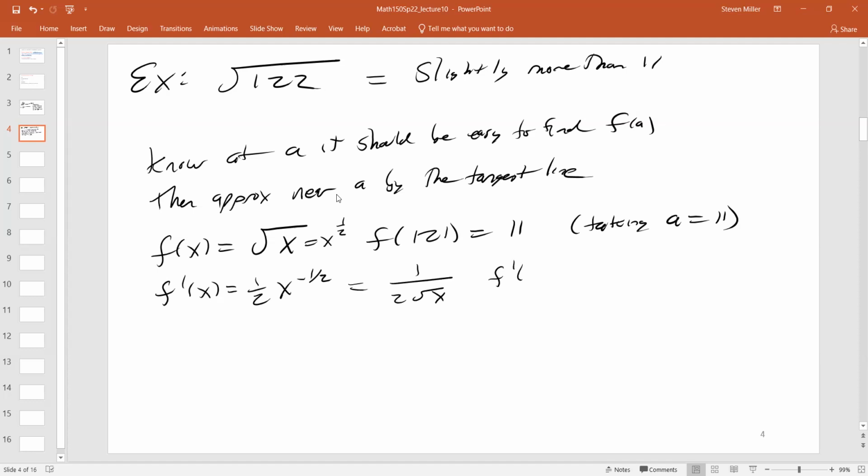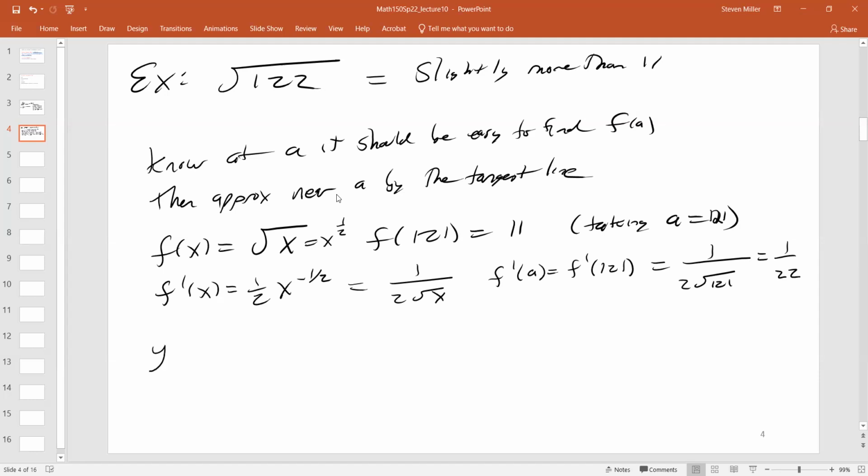What would f prime of a be? Wait a minute, I think you said 121 by accident. What is f prime of 121? So 1 over 2 square root of 121, which is 1/22. So the whole point of the tangent line is everything is really nice at that point a. So stuff nearby, we can approximate it without too much trouble.